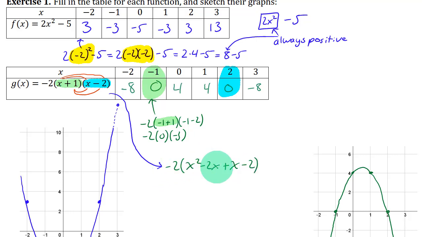And then when you distribute the negative 2 in there, you get negative 2x squared plus 2x and then plus 4 when you work it all out.